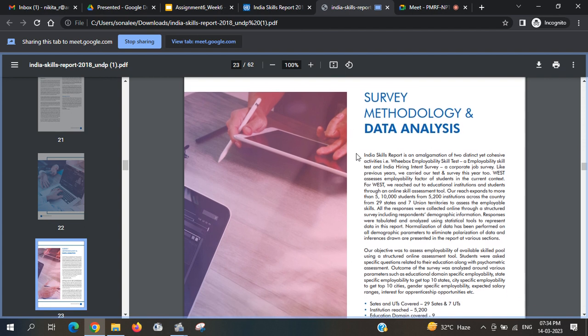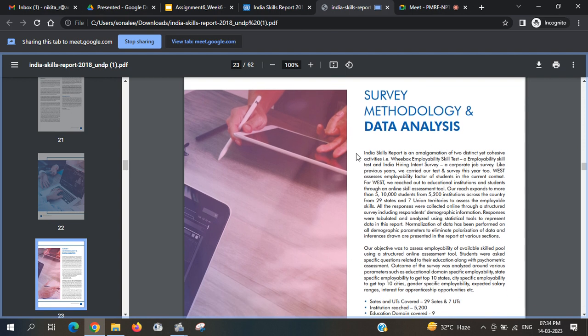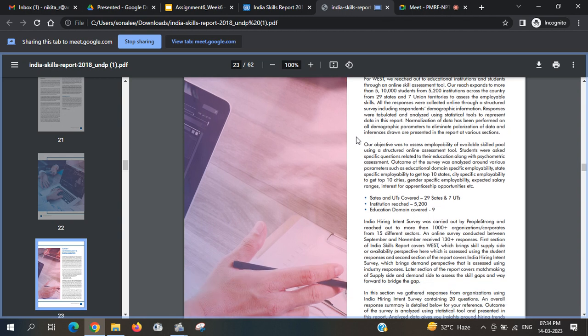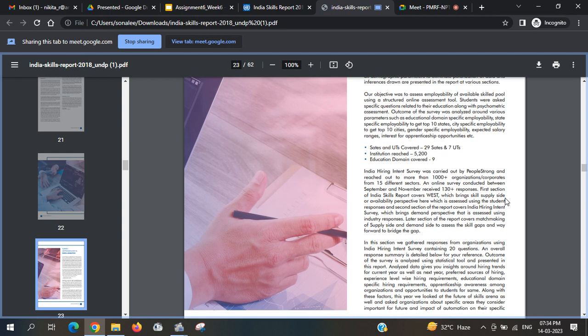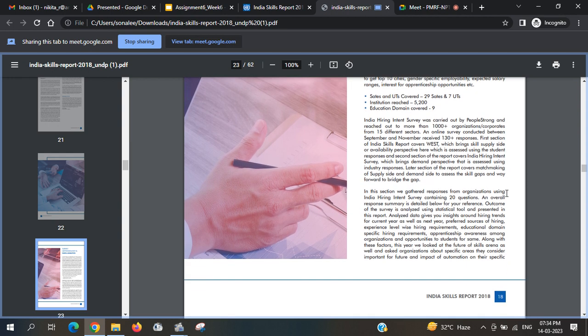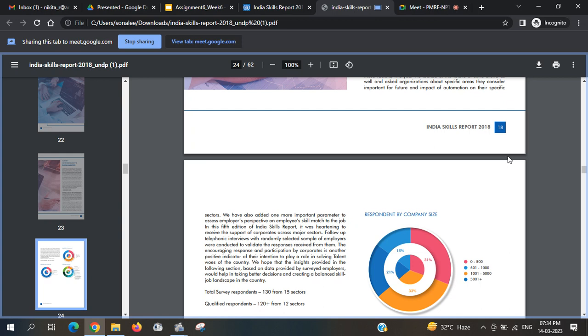It also gives a detail about their survey methodology and data analysis, how they have calculated which states are the top 10 in India Skills Report.